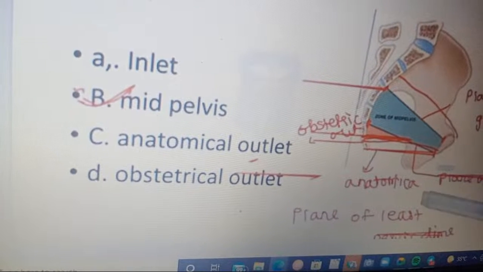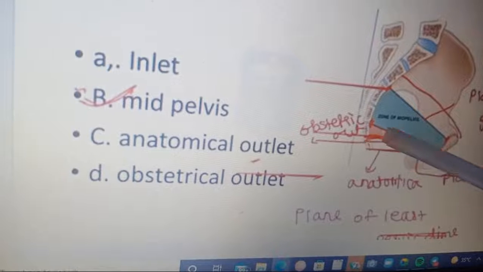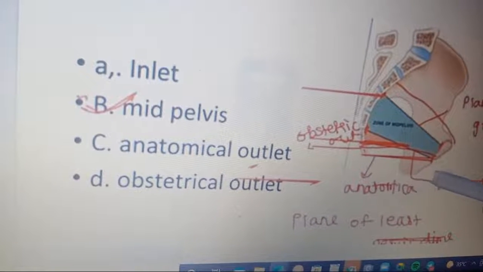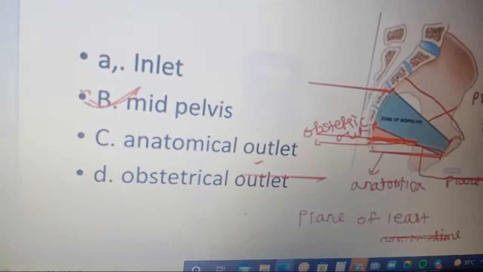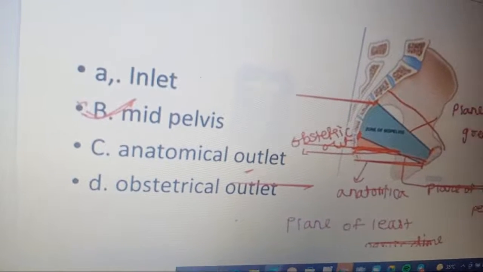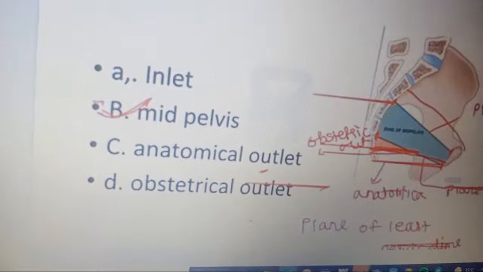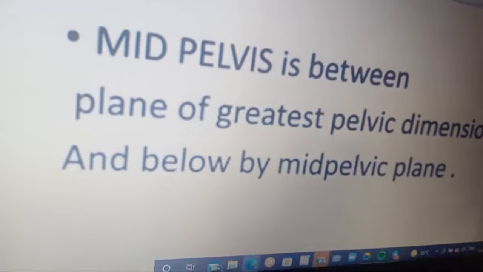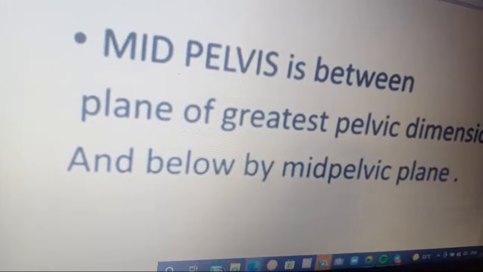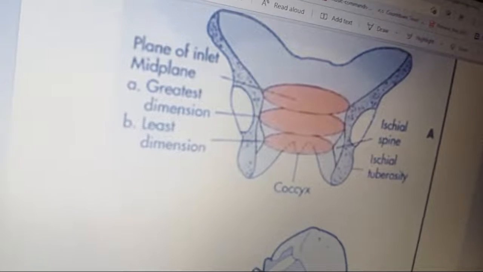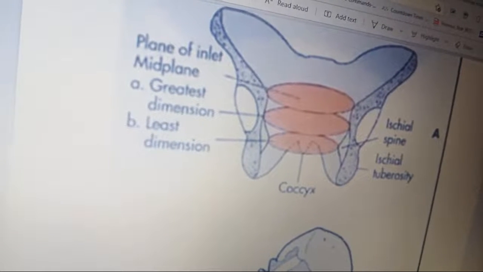Here this line is the obstetrical outlet, and below the obstetrical outlet there is the anatomical outlet. Okay, this is the inlet. So the answer here will be mid pelvis. Mid pelvis is between the plane of greatest pelvic dimension and below the mid pelvis plane. Here you can see the greatest dimension, least dimension, distal spine.